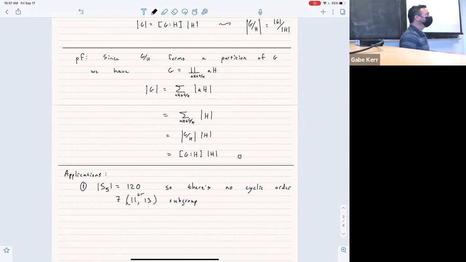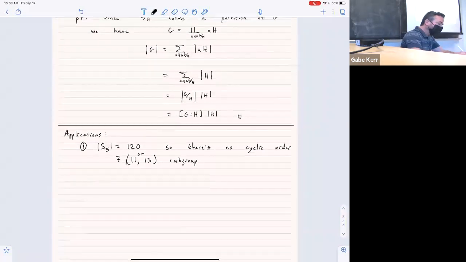Does everyone see why? How many elements are there in an order 7 subgroup? 7. Is 120 divisible by 7? No, it's not. If you don't have Lagrange's theorem, you're going to take a long time to try to prove that. Probably not too long, but long enough, and you don't want to spend that time. Lagrange's theorem says you just have these numbers you can deal with to get immediate results.